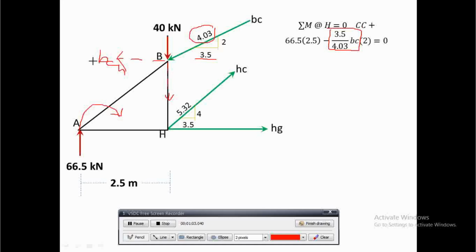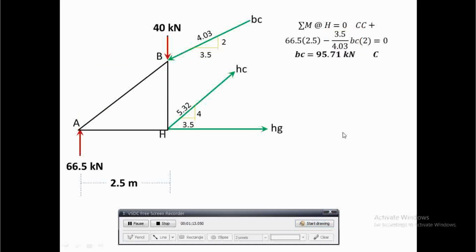The distance from BC to H is 2. So my BC is equal to 95.71 kilonewtons. It turned out positive, so the direction of BC is correct. Since BC is toward joint B, BC is under compression.